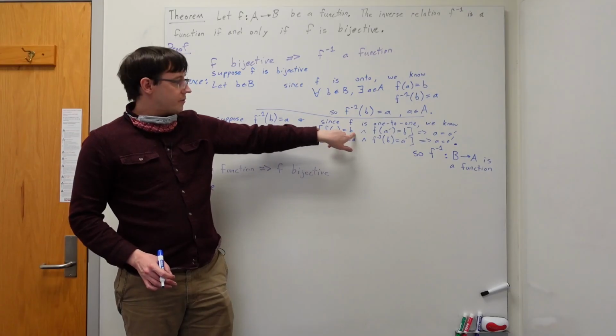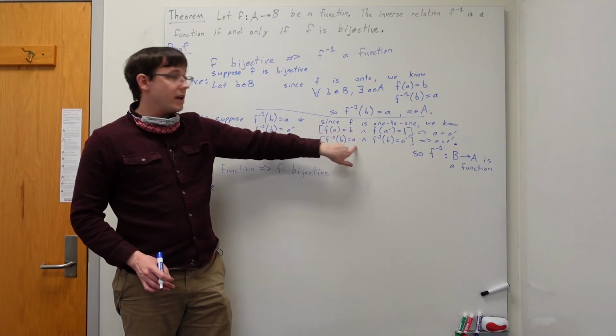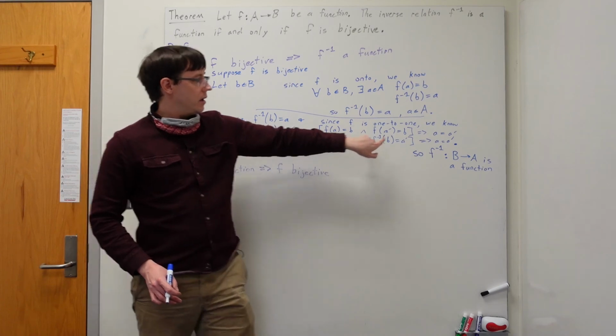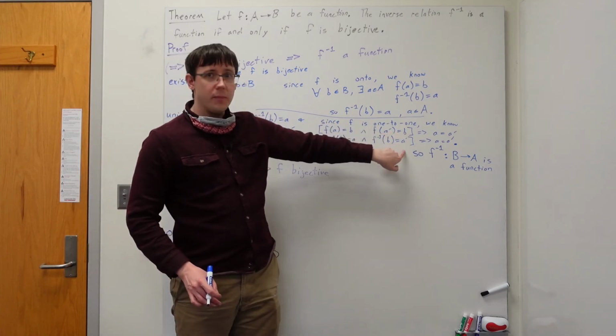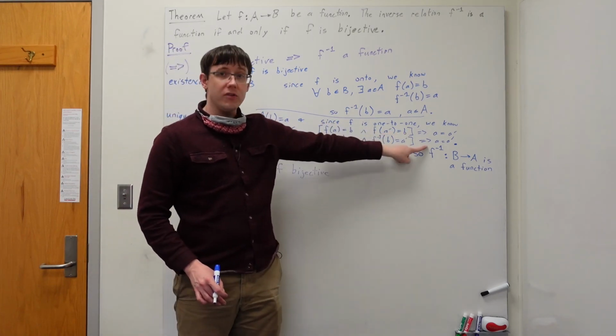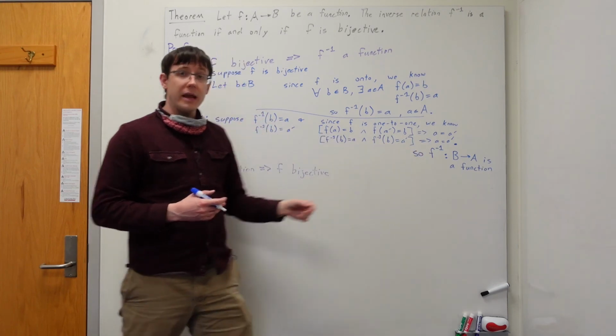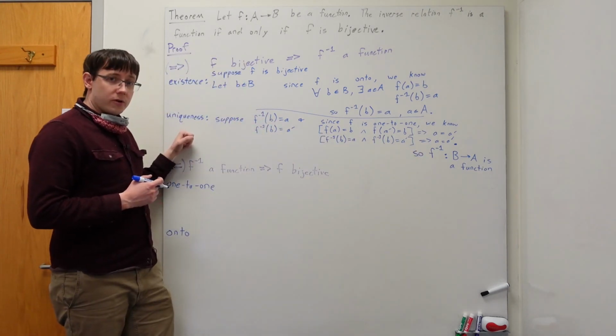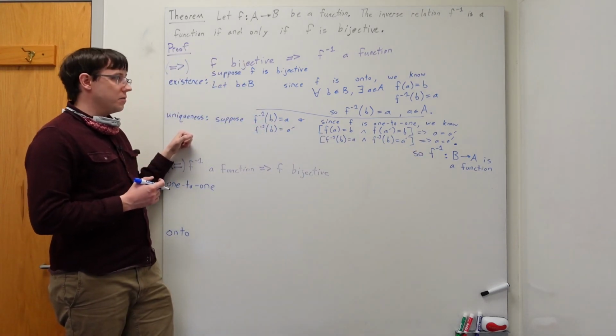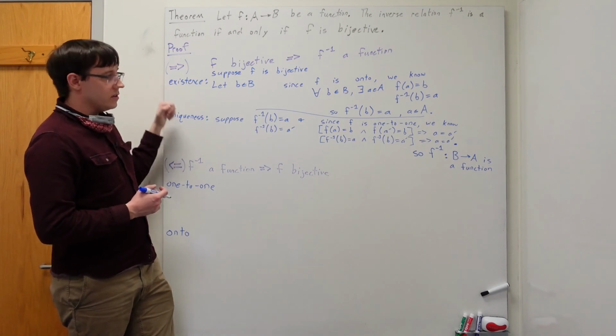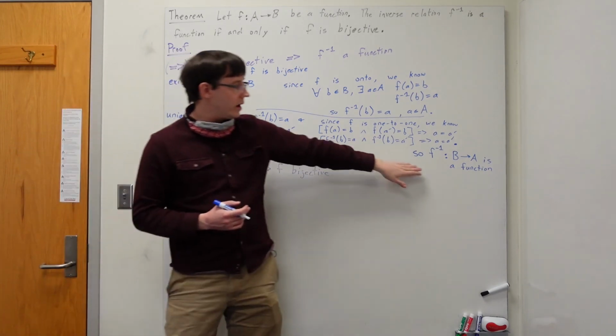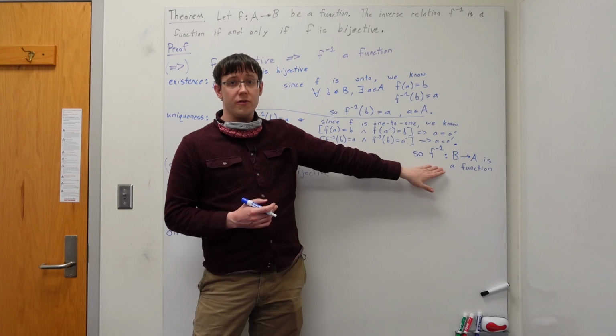So since f of a giving us b means f inverse of b gives us a, and likewise for a prime, we have the implication that we want, showing that f inverse satisfies uniqueness. And so with both existence and uniqueness, we have that f inverse is a function.